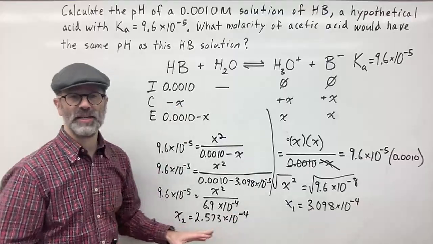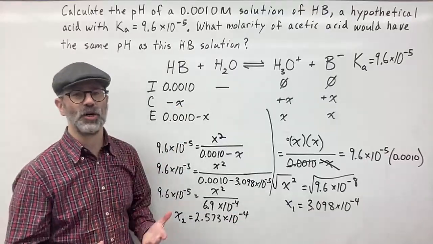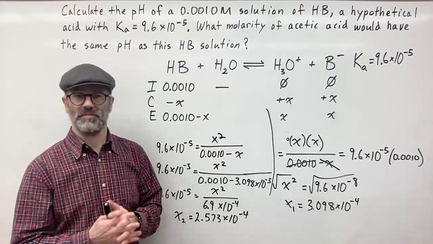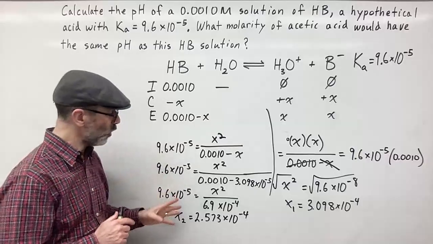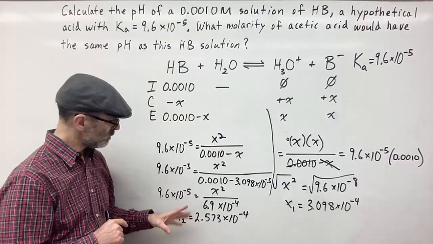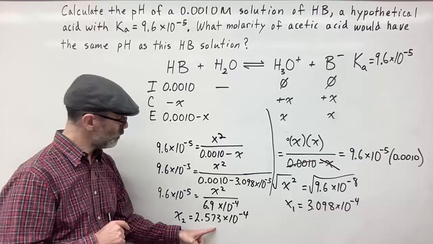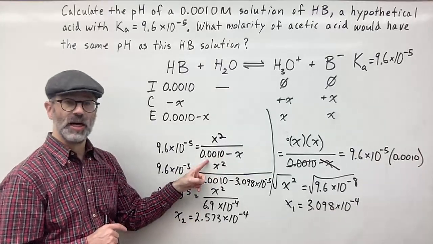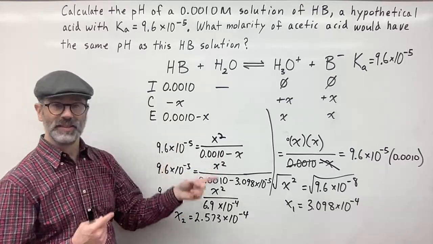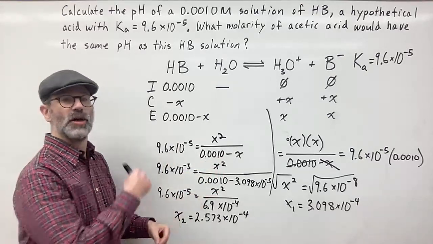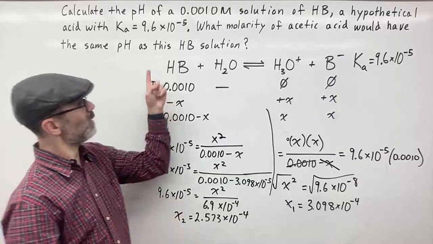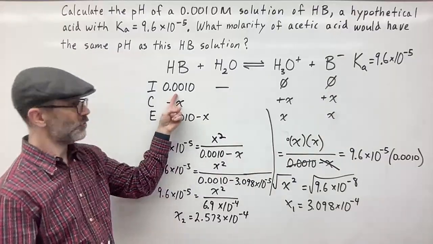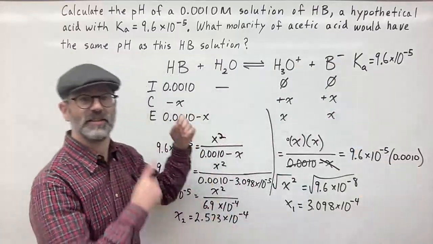Now, you might be worried that this is going to take a long time, especially if you're on a quiz or a test. Just keep in mind that all you're doing is taking the value you got for x, subtracting it from the initial concentration, multiplying by Ka, taking the square root, and then repeating.